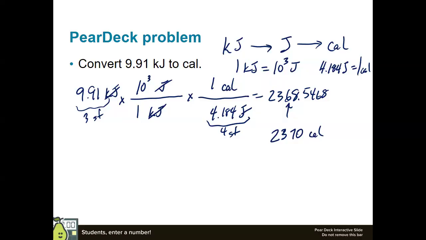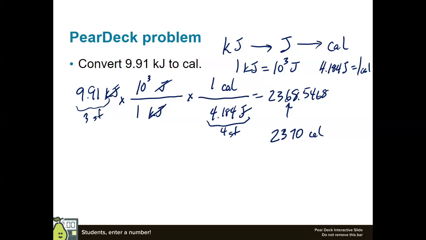When I get to the calculator, I get 2,368 and change. I go back to my numbers here. I have 3 sig figs in the kilojoules. This is exact, so we don't worry about it. There are 4 sig figs in this conversion. So between the two, 3 is fewer digits. So I want to round to this third digit, which means I need to round it up.